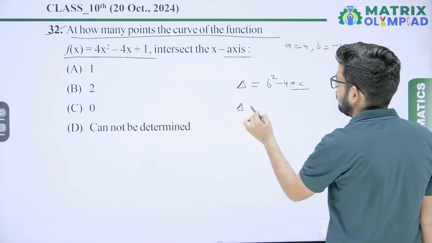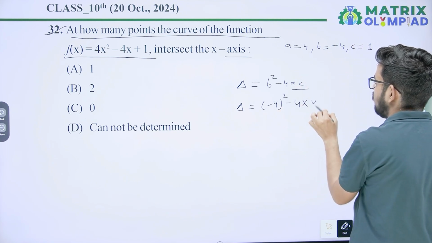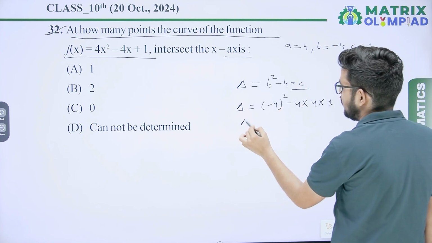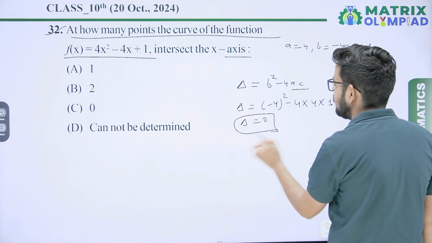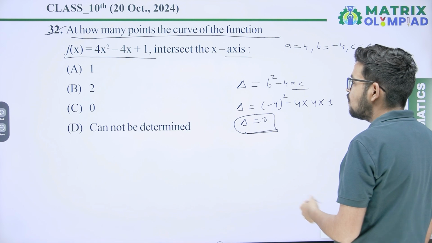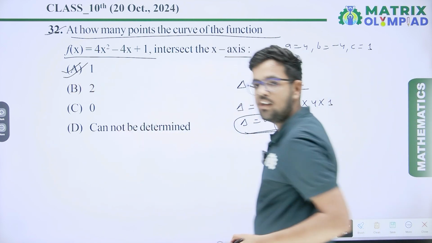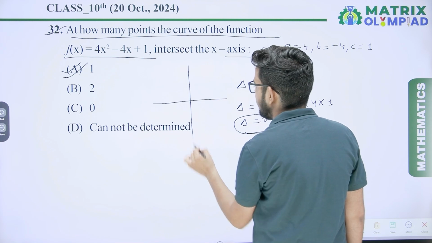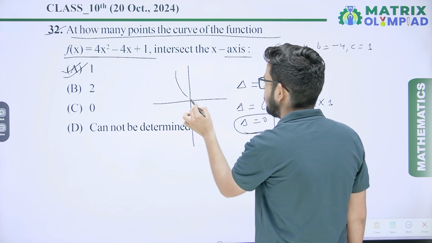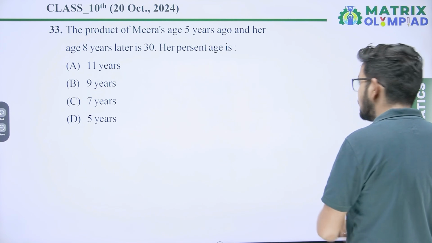So delta equals b square minus 4ac, that is (minus 4) square minus 4 into the value of a, 4, and the value of c, 1. So delta equal to 0. If delta equal to 0, it means it will intersect the x-axis at only one point, because when delta is 0, the graph only touches the x-axis.